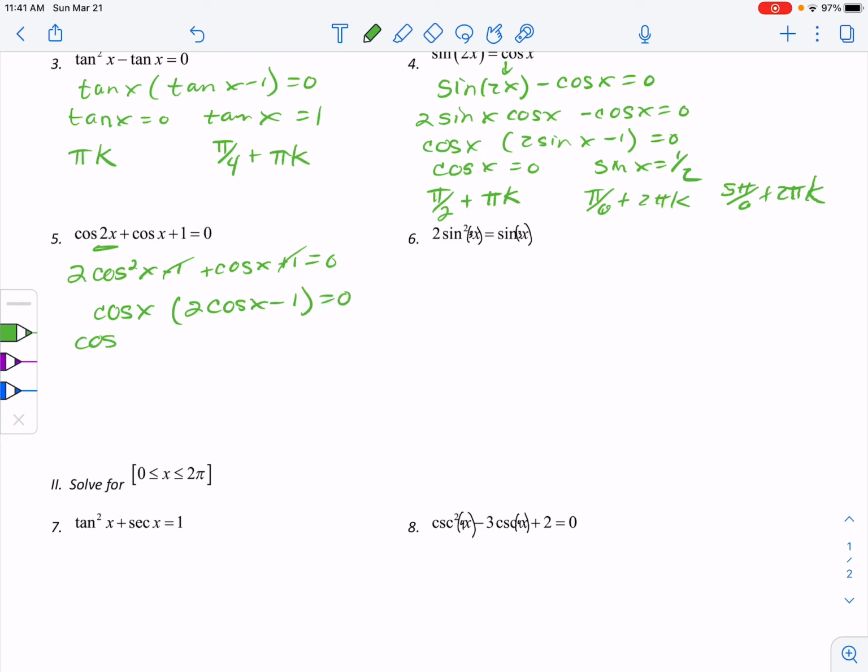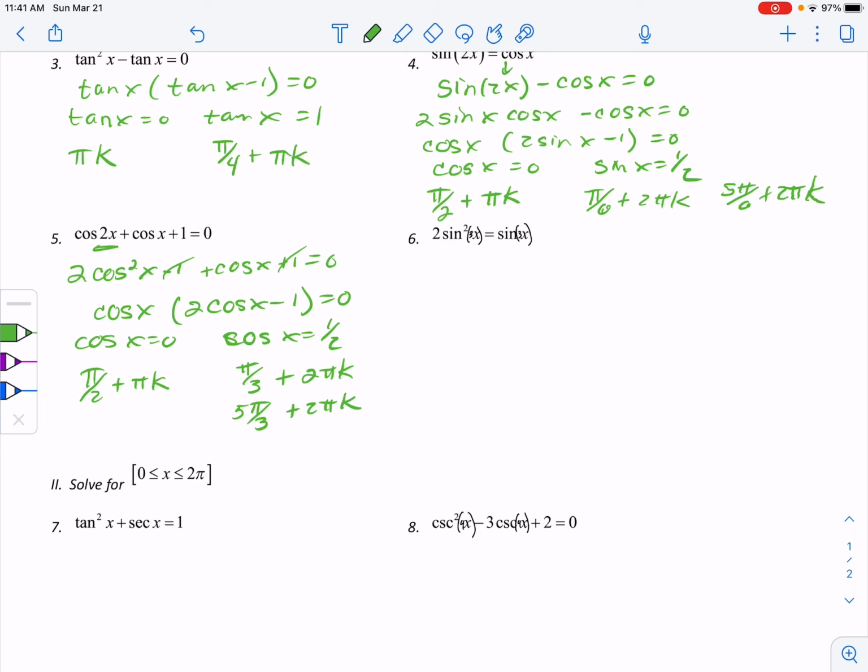The cosine of x equals 0, and the cosine of x equals a half. This is pi over 2 plus pi k. And this is pi over 3 and 5 pi over 3 plus 2 pi k.